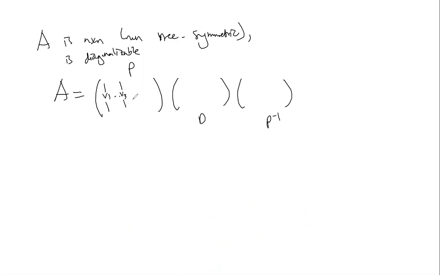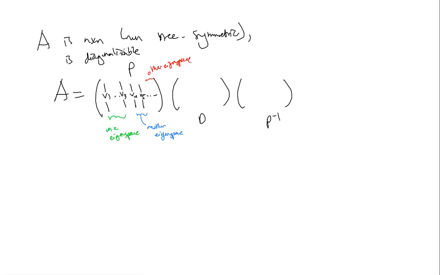Let's say the first three are in one eigenspace, and maybe the next two are in another eigenspace, and maybe the last few are in other eigenspaces.